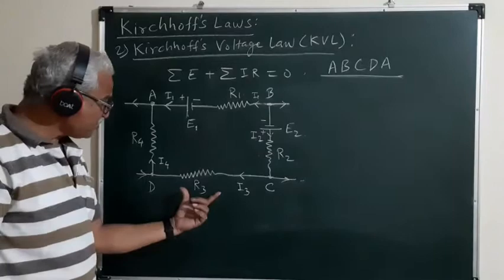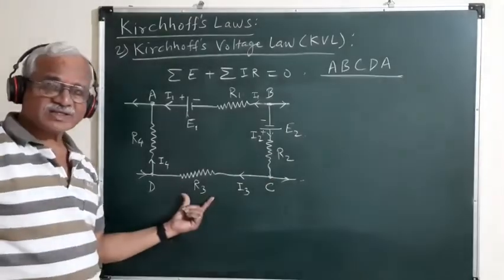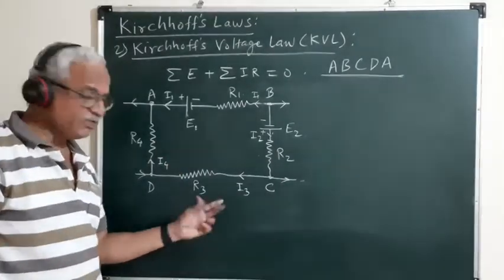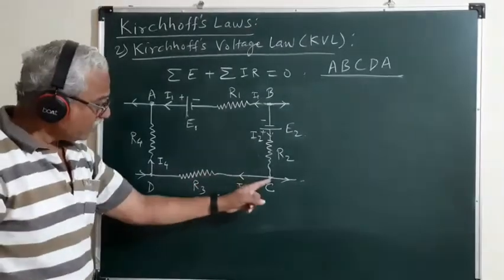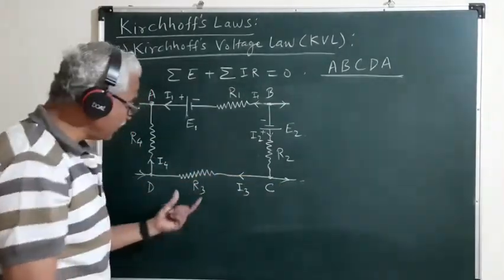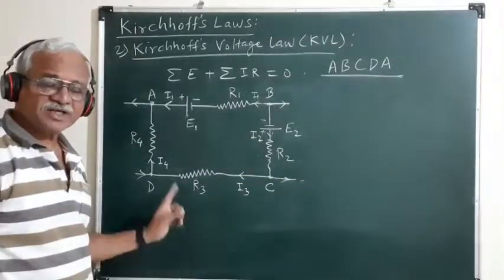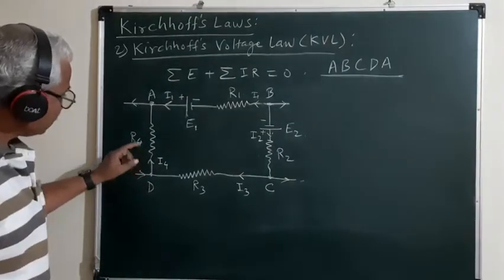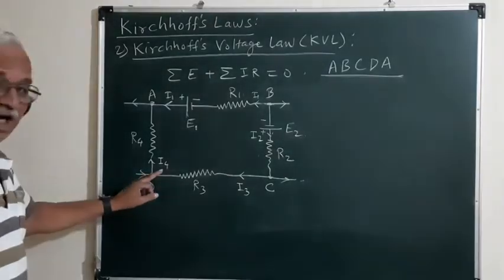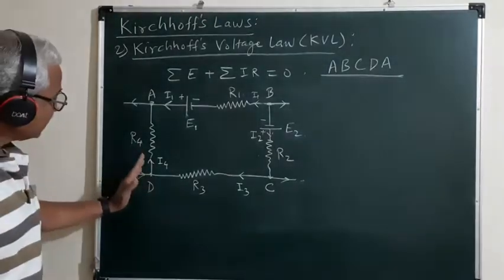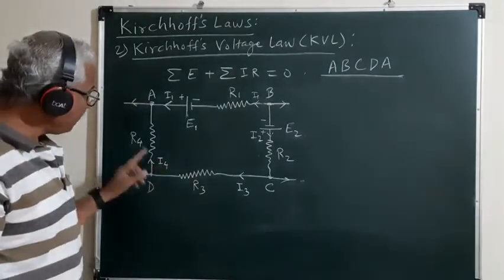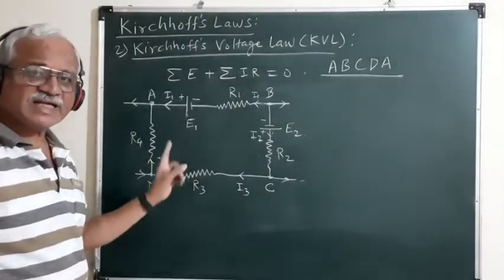Then through this branch CD, we have a resistance R3 through which the current I3 is flowing. The potential drop across R3 will be I3 R3, and while traversing this branch, again we are traversing in the direction of decreasing potential, so the product I3 R3 must be taken negative. And through this branch DA, we have a resistance R4 through which the current I4 is flowing. Since this branch is traversed in the direction of decreasing potential, the product I4 R4 also must be treated as negative.